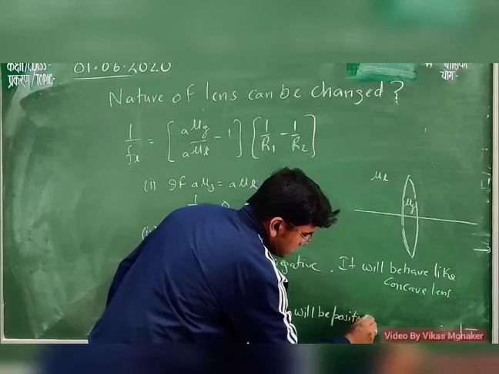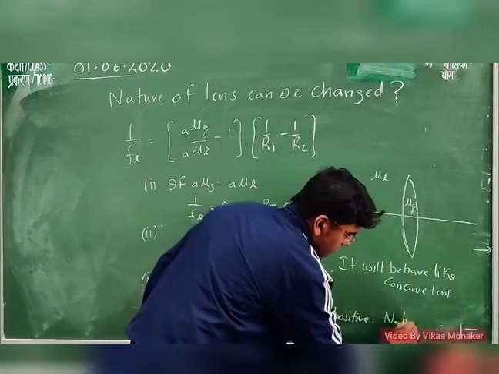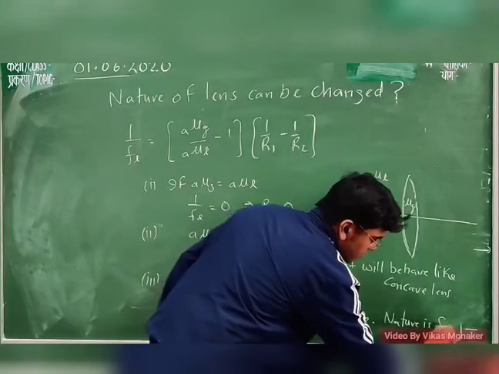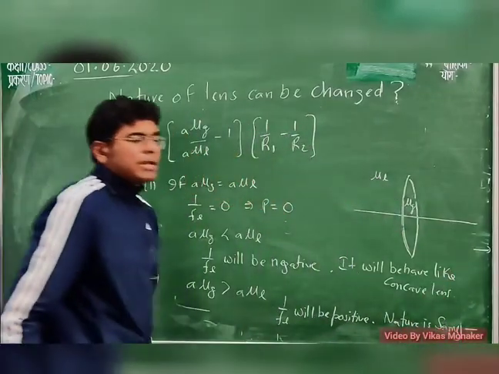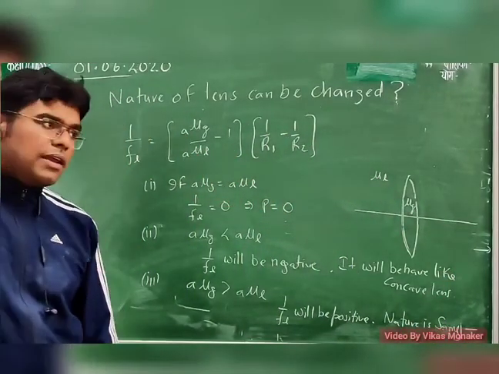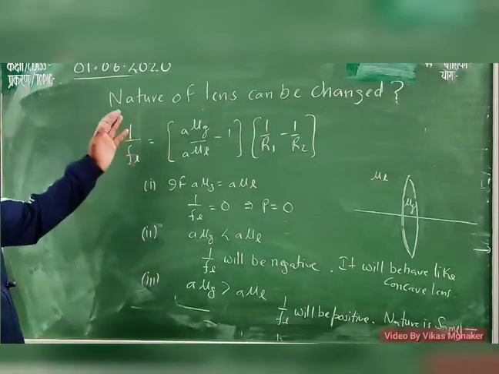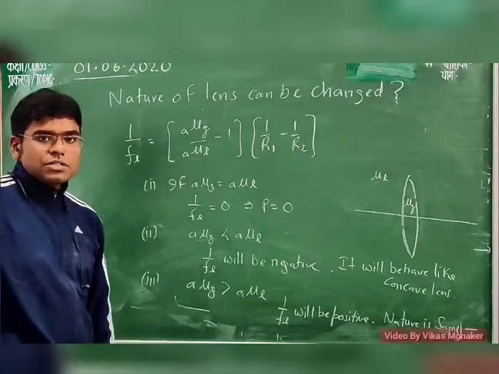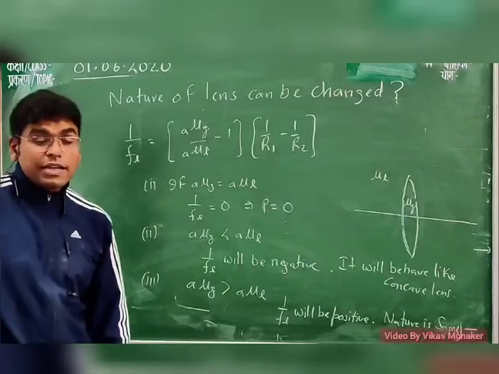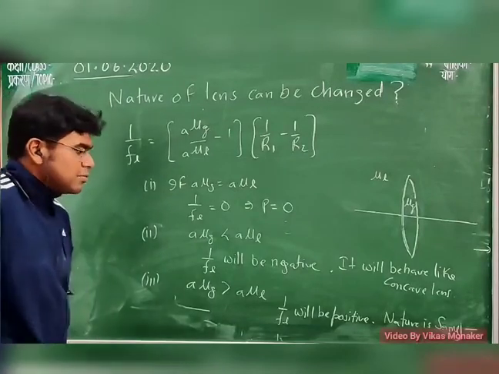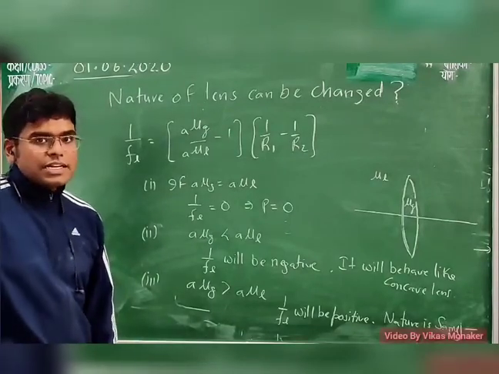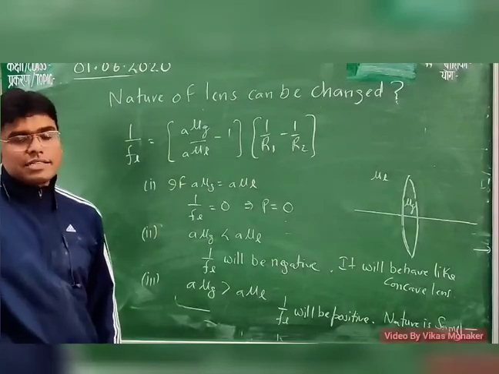So the nature is the same, that means convex will remain convex and concave will remain concave. So with the help of the Lens Maker formula, we can show this. And these types of numericals are frequently asked in the board examinations. So you must prepare all those questions which are given in the NCERT exercise and previously asked in the board examinations.